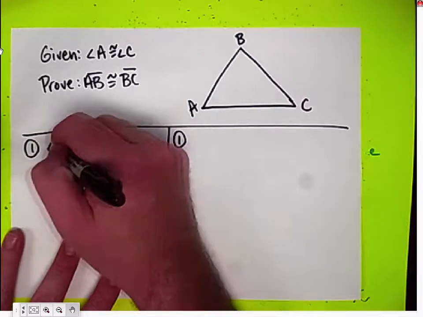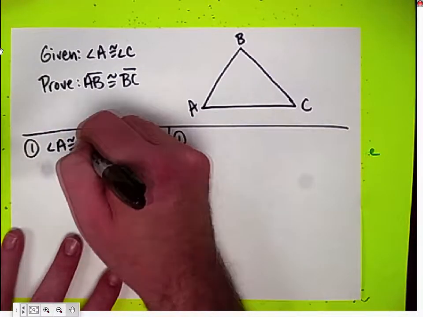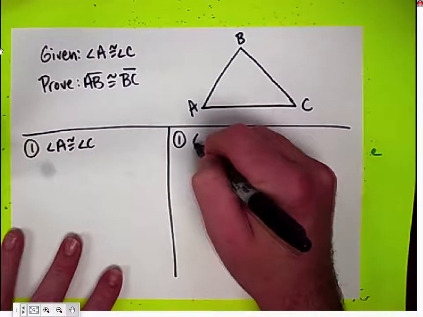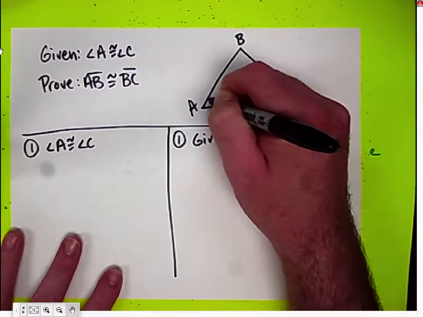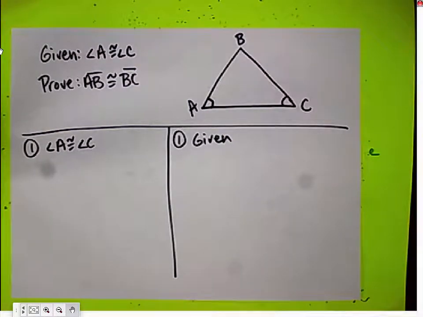First we're going to write what we were given. Angle A is congruent to angle C. Given. The problem with us being stuck now is that up until this point, the only triangle theorems we have are when you have two congruent triangles.